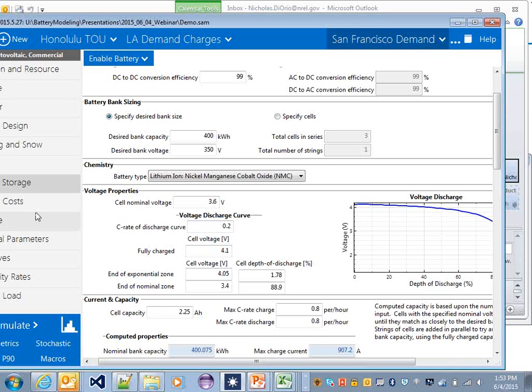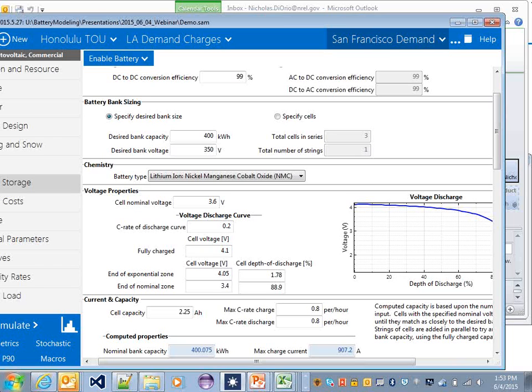Are there more questions from the webinar? What is the assumption for round-trip efficiency? The round-trip efficiency is calculated from the voltage model. As the battery charges and discharges, the terminal voltage changes, which results in requiring more energy to be put into the battery than can actually be extracted. So the round-trip efficiency is calculated as the total energy discharged divided by how much energy it required to charge.